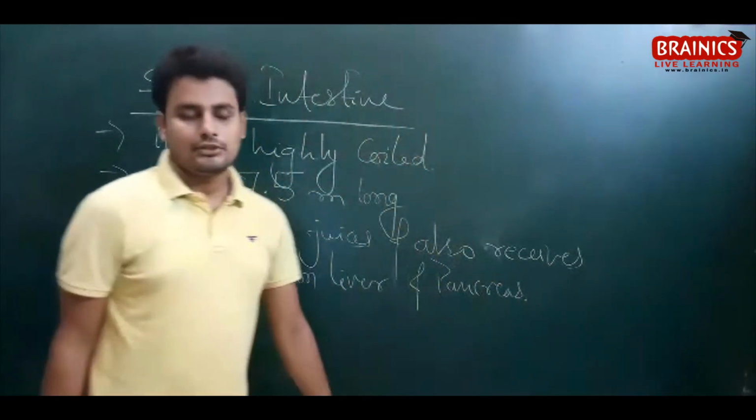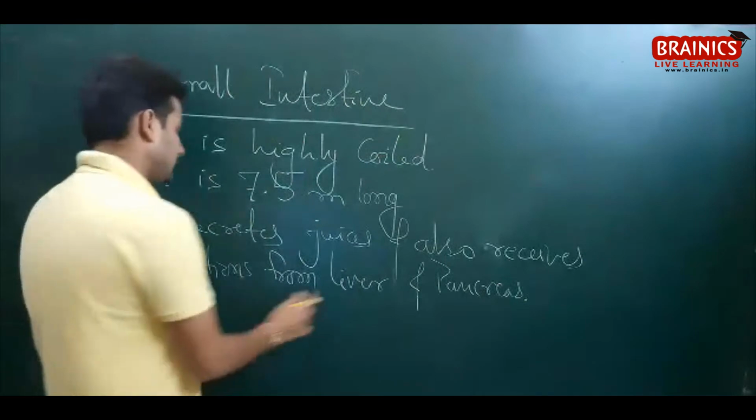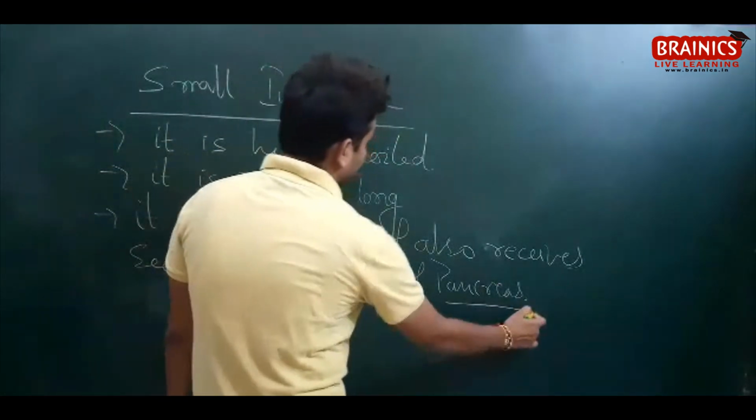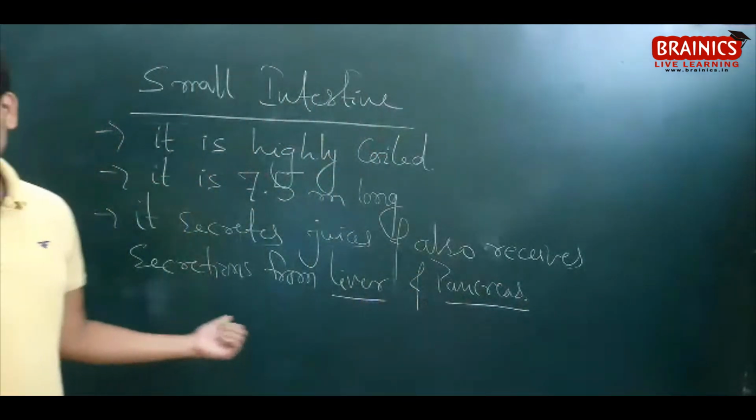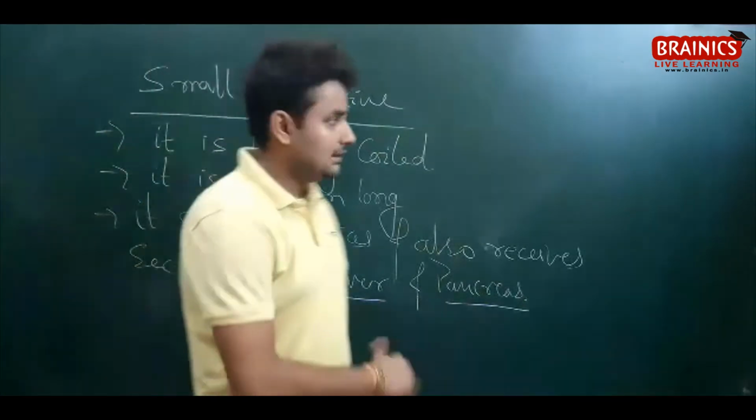Correct. So it receives secretion from the liver and pancreas. It has its own juices. So this is the small intestine.